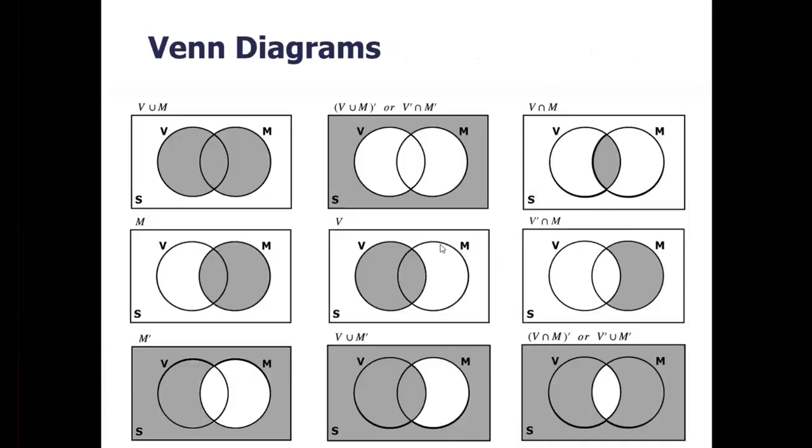Right, with your Venn diagrams, this slide, which is in your notes, is so useful for getting to grips with what they are talking about if they say, for instance, V and M, V or M, not V and not M. For me, the easiest way to think about it is the concept of intersection, in other words where they cross, or union, in other words everything surrounding them. When you look at these different ones, make sure that you understand what they mean.